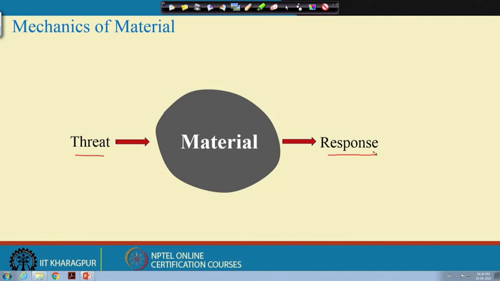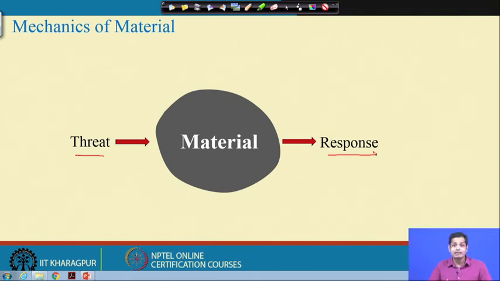So, depending on that, the threat has to be considered. But overall the important thing is the understanding of the response of the material when it is subjected to a certain kind of threat, and that understanding is the crucial point in any design. Now, this course is essentially a first step towards that understanding.